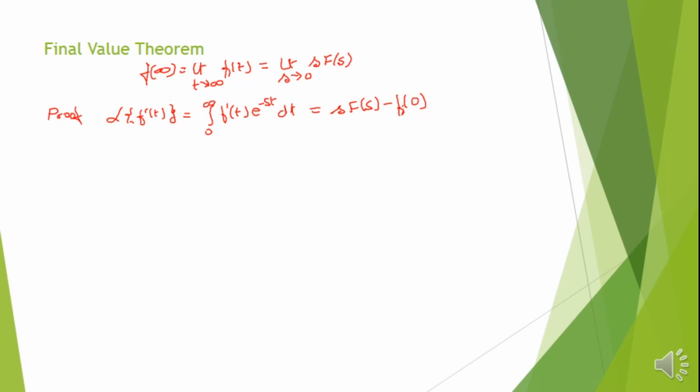Now applying limits as s tends to 0 on both sides, what will happen? Limit as s tends to 0 of integral 0 to infinity f dash of t e to the power minus st dt equals limit as s tends to 0 of s F of s minus f of 0.